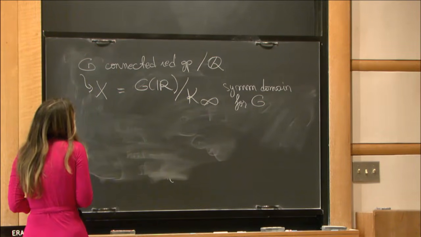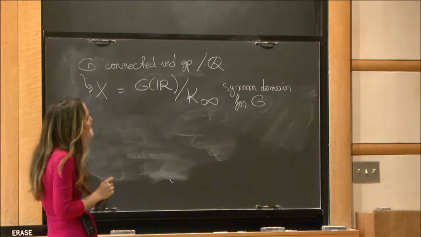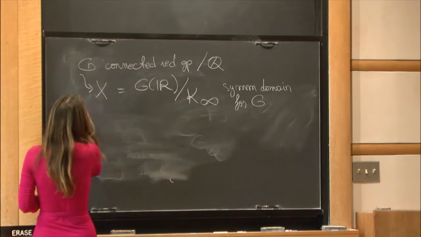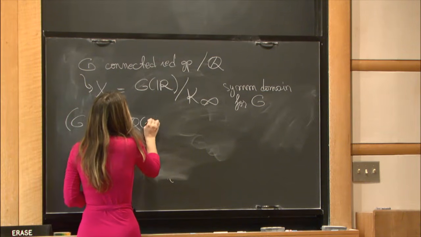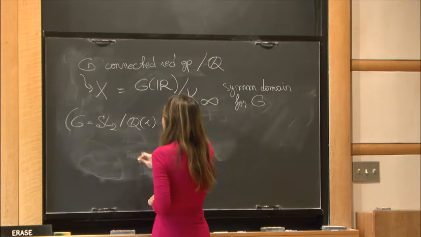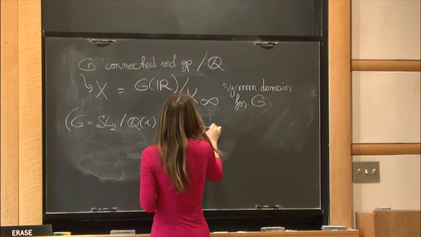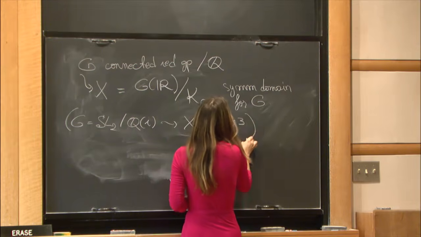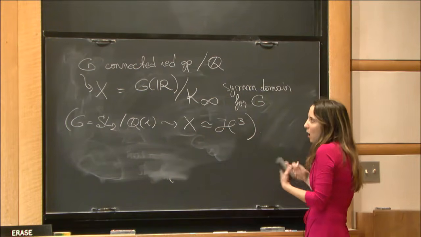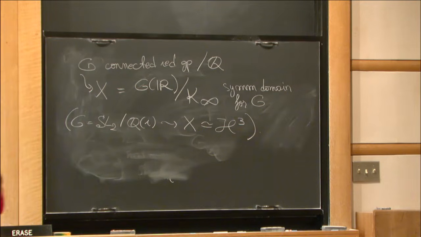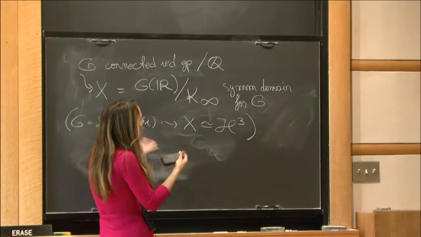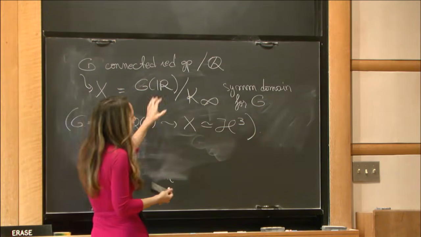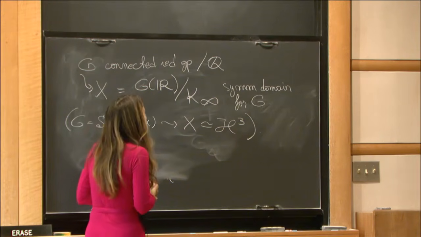For other groups, for example, if I took SL2 over an imaginary quadratic field, so for instance, the restriction of scalars, but I can just think of it as SL2 over Q adjoin i, then it turns out that X can be identified with hyperbolic 3-space. So there are some instances where you don't get something with a complex structure. Here you can just use the formula and see that what you should get here is a real manifold of dimension 3. So it doesn't have any hope for having a complex structure.